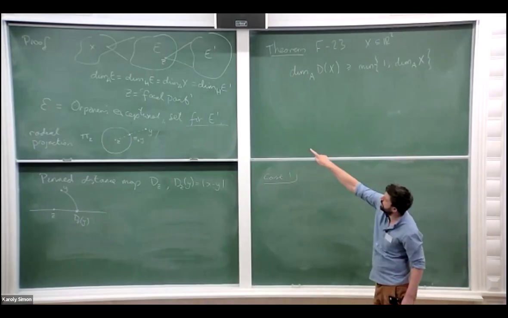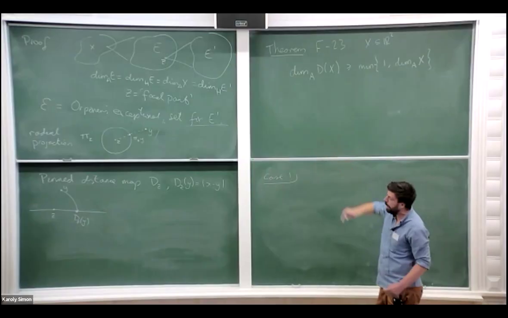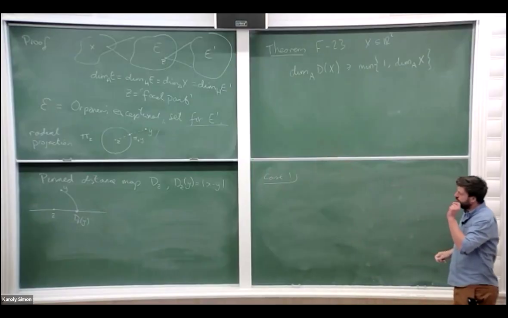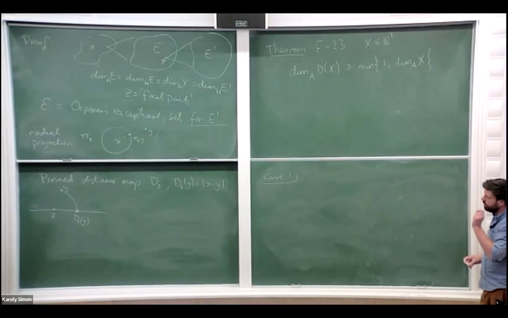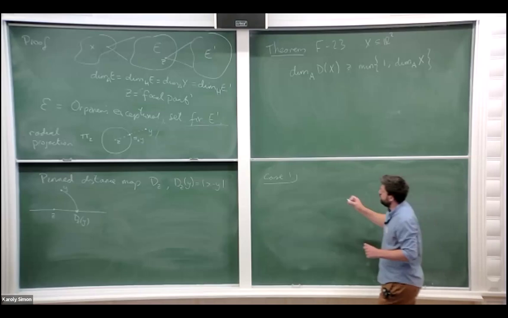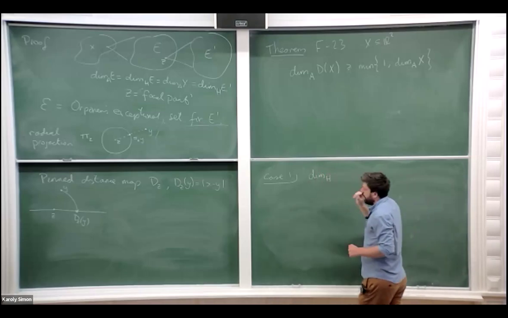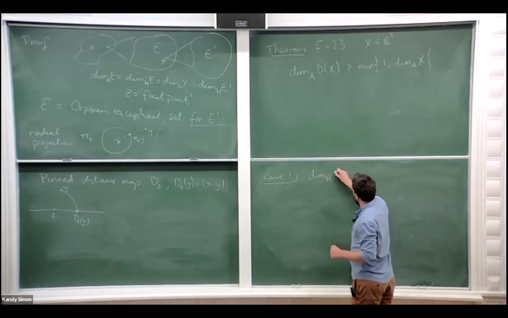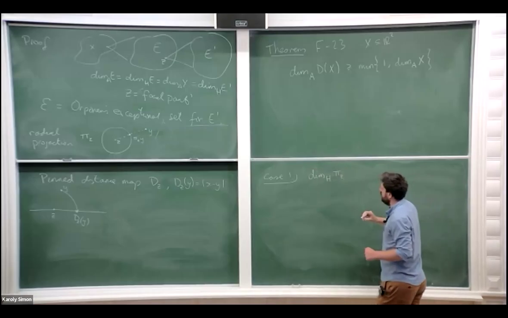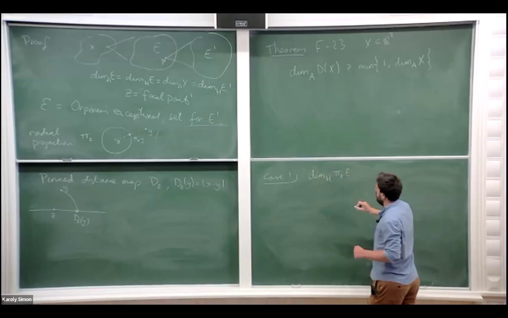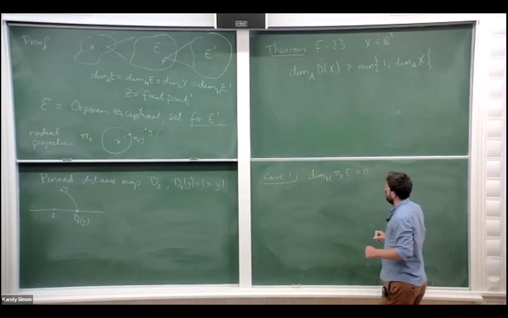Look up at the picture here, this hierarchy of tangents. The pin for the radial projection and the pin distance map is going to be Z, the focal point of the tangent E prime. And the two cases I'm going to consider are whether the Hausdorff dimension of the radial projection with pin Z of E is 0 or not.